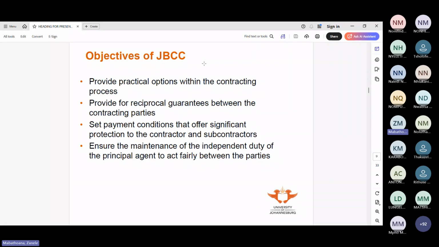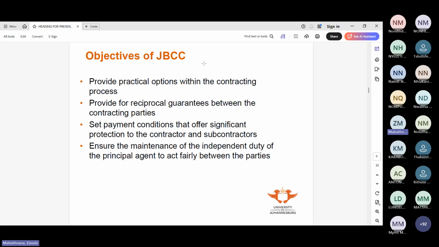So if you think about building contracts in the way that we spoke about, where you have the client being responsible for design and the contractor being responsible for construction, in that relationship, the biggest risk that the client has is non-performance by the contractor.